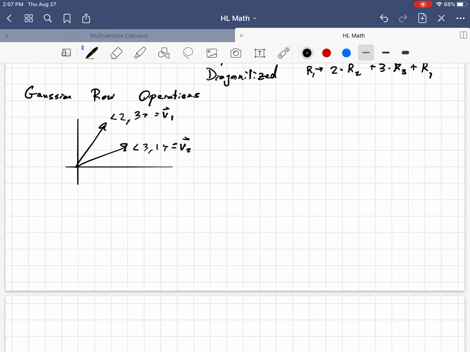If you were to add v sub 1 to v sub 2, what are you going to get? You would call it v sub 2 prime, and that's going to be 5, 4, because you just add the corresponding entries together.